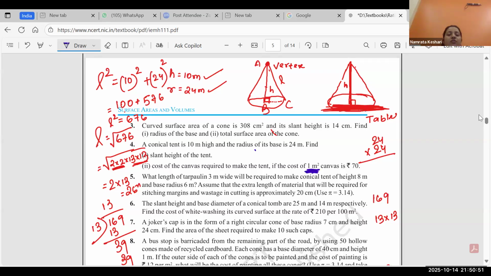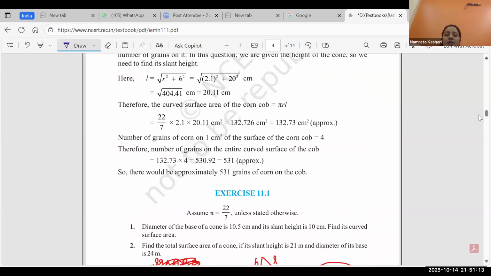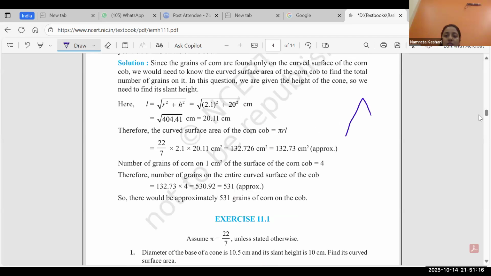So meter square is the unit of area, right? Yeah. Meter square is the unit of area. That means area we have to find. Okay, area we have to find. But now we will be thinking, we have two areas: curved surface area and the total surface area. The curved surface area for the cone, last day we were discussing that for a conical shape, the curved surface area formula is pi RL. Curved surface means all the curved part, that area.